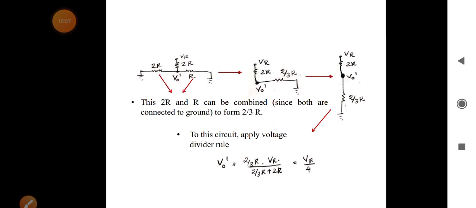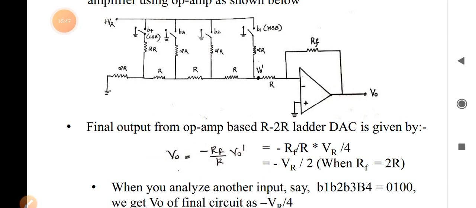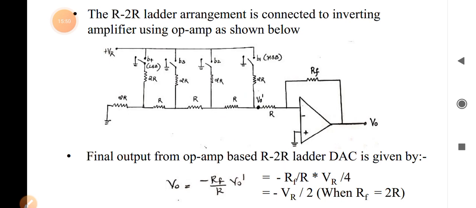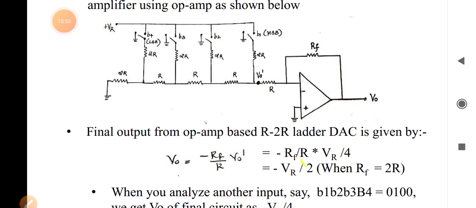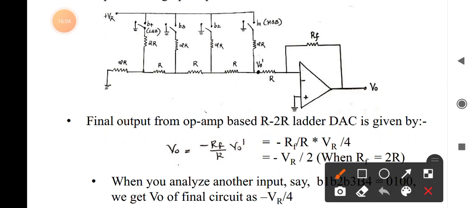So that is all. The R2R ladder arrangement is connected to the inverting amplifier using an op-amp as shown here. See here, it is being connected like this, and the final output of the op-amp based R2R ladder DAC is given by V0 is equal to minus RF by R into V naught dash.